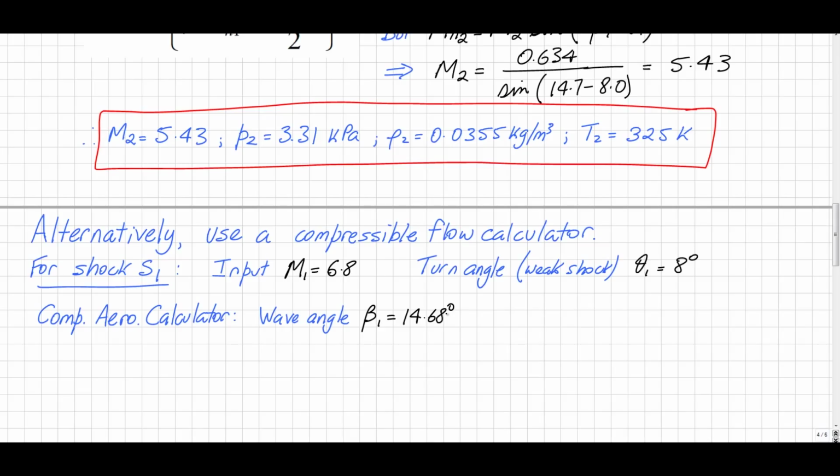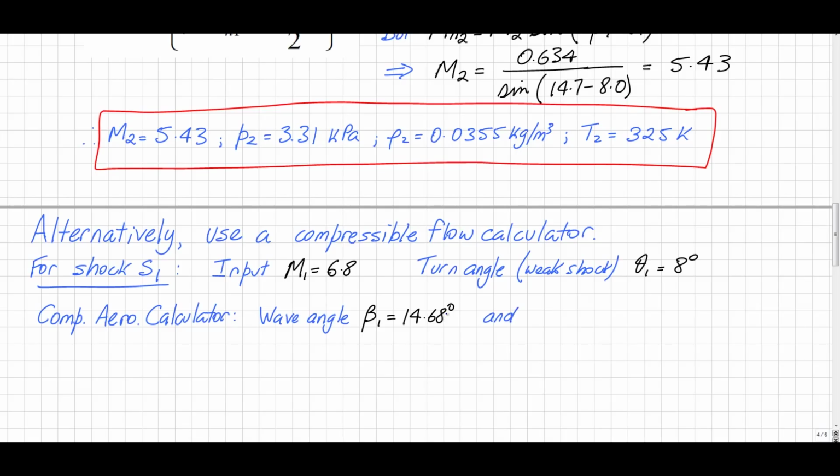Now this calculator gives us quite precise numbers, so I'm going to work to 4 significant figures as we go through this calculation. I'm going to do that because any rounding errors can cascade as we go from the first shock to the second shock to the third shock. So it's worthwhile keeping our significant figures, even if we're not going to use them at the end.